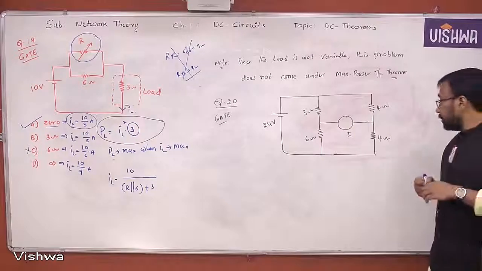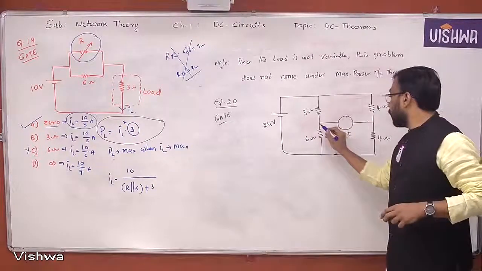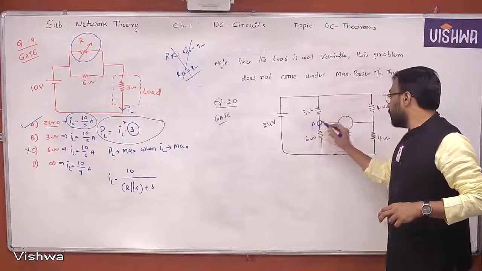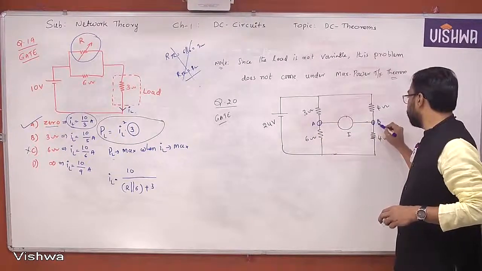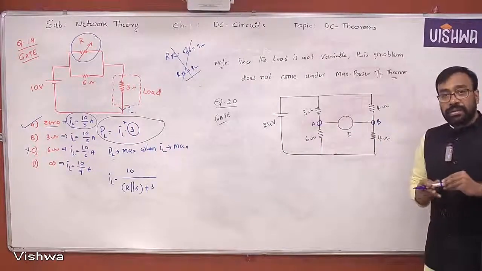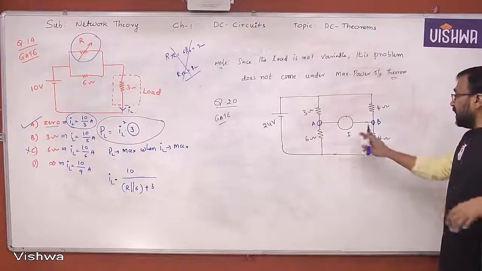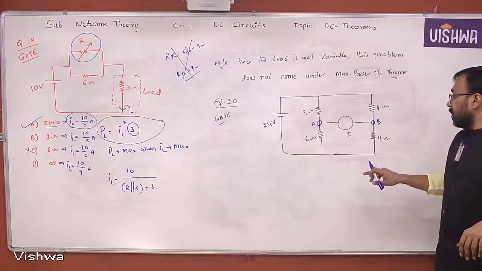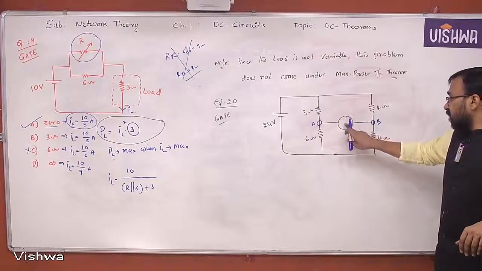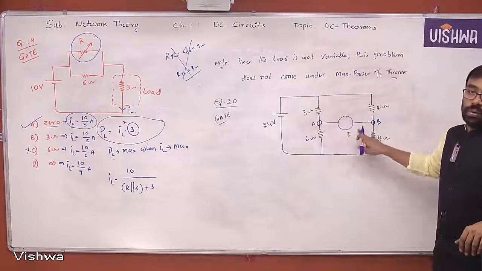Look at this. Say this is A, this is B terminals. If you want to say that it is absorbing power and you want to find the direction of the current, it is possible only when the polarities are known.